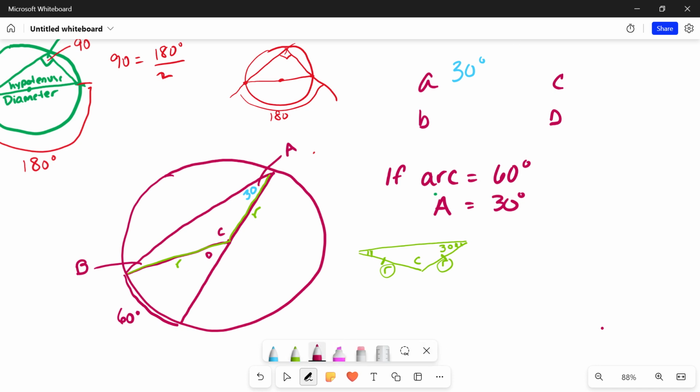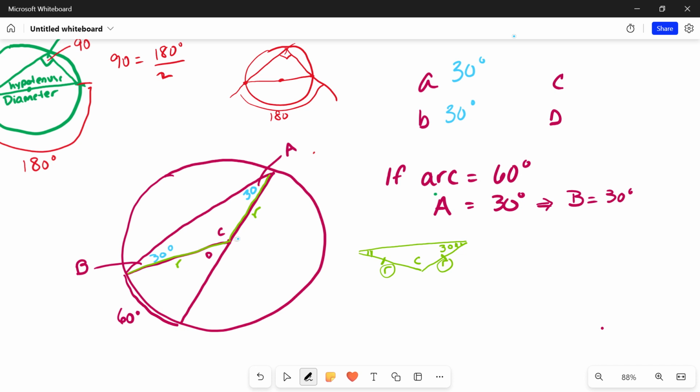Therefore, if angle A equals 30 degrees, then angle B also has to equal 30 degrees. So over here B is going to be 30 degrees, and angle A is 30 degrees because the arc is 60.